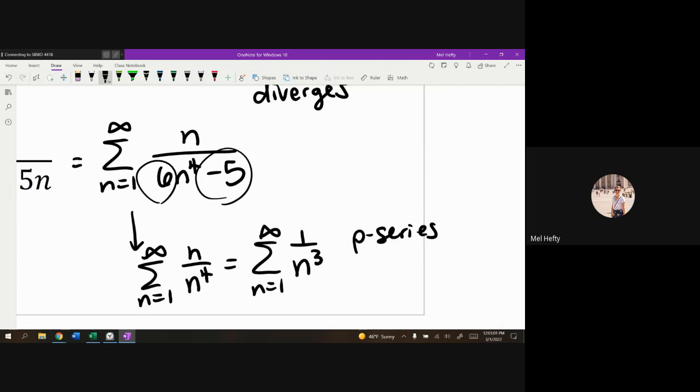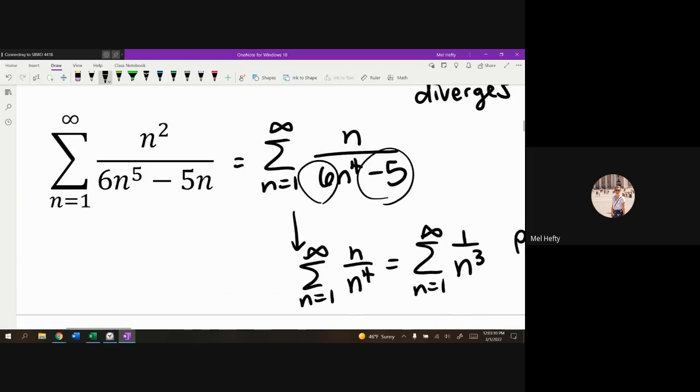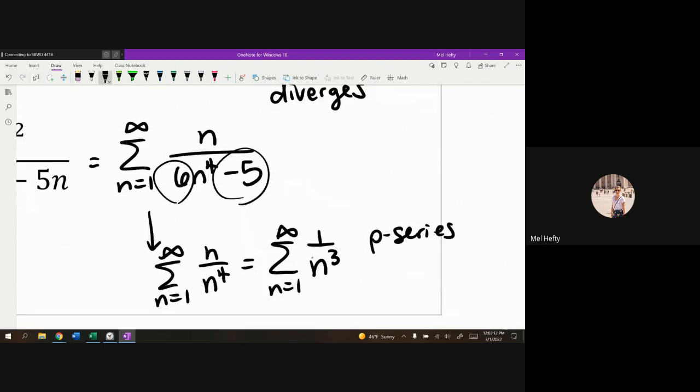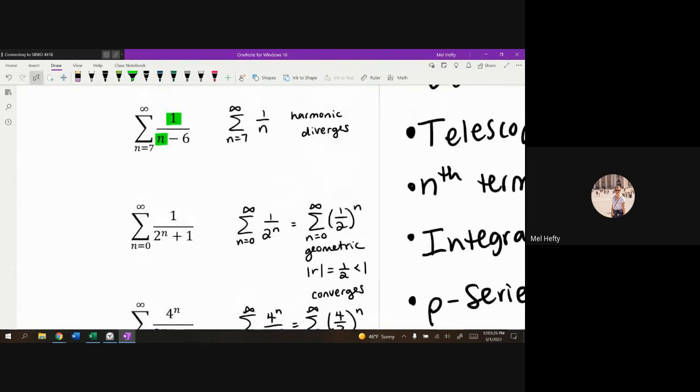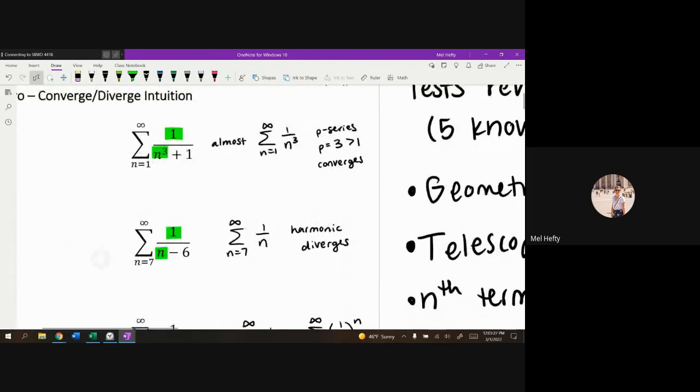We're trying to figure out how we can make this look like something we know. We're going to find the formal way to compare, but right now I just want to show you how we might break these down into something we can compare to. Here p equals 3. That's greater than 1, so we converge. What I want you to get from this little intuition discussion is that I'm going to look at the thing that's growing the fastest on top and on bottom.